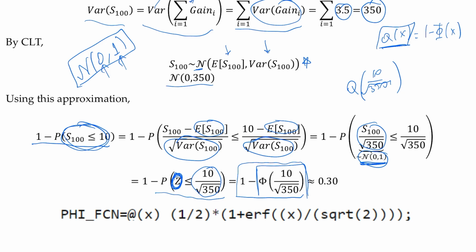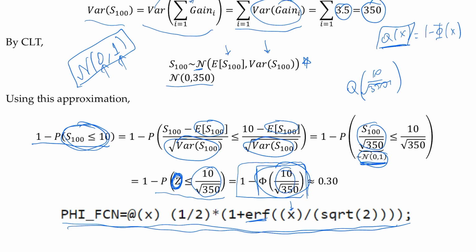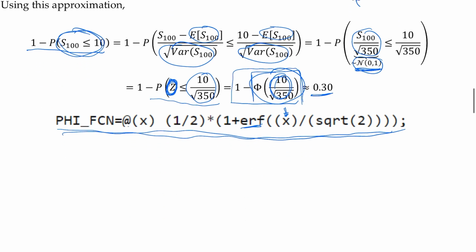For the phi function, by the way, there is no phi function directly in MATLAB; they use the error function, and you can define it that way, put this value here, and MATLAB would give 0.3, which is the probability.